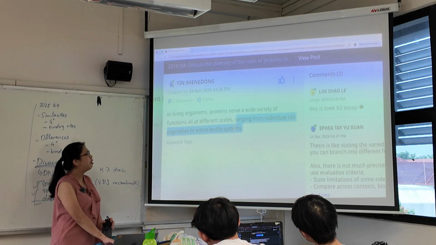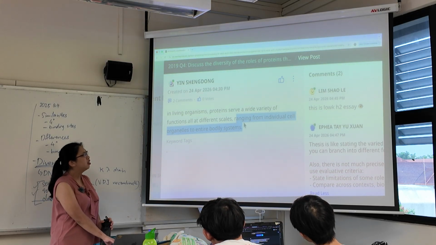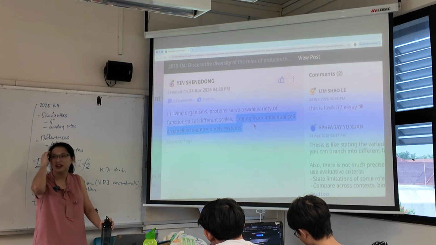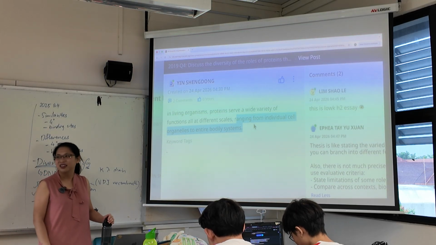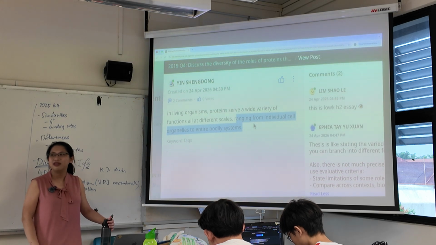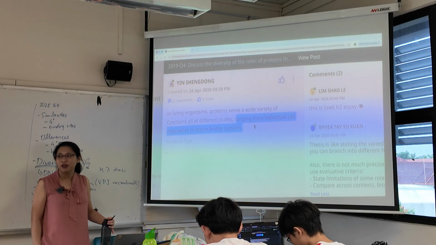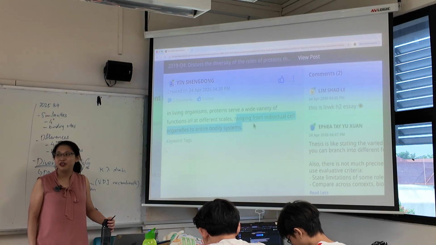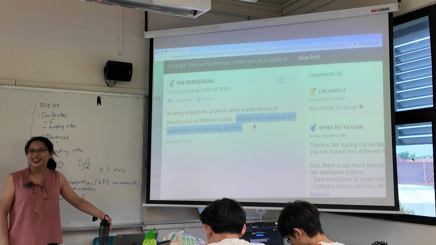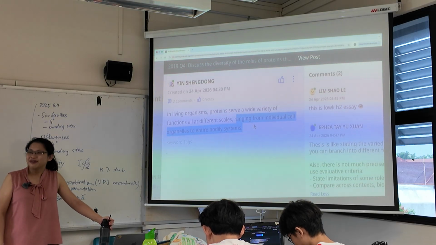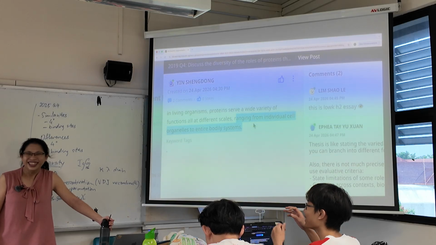So to me, having this huge range, from cell to organelle to the various levels, I thought that can double up. She sees it as just a range of functions and not an evaluative criteria. I need to match up to the level where I'm talking about people, just for her paper.